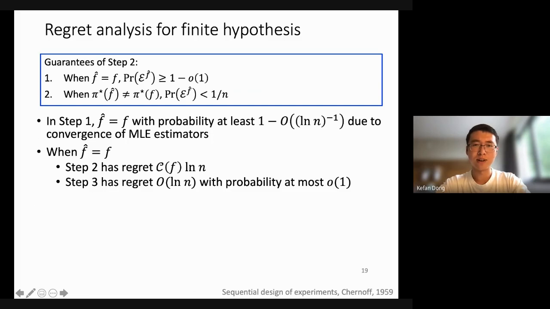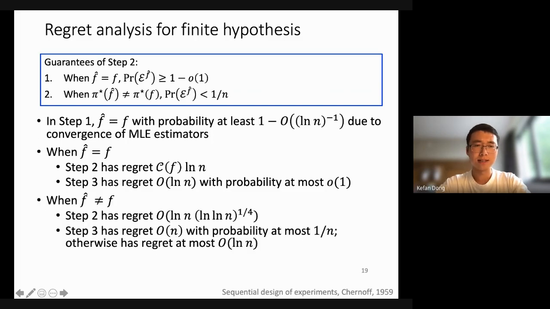Otherwise, we run UCB forever, so we have log n regret. But the probability of f hat being rejected by the hypothesis testing goes to 0. So in this case, the expected regret is a low order term, so we can safely throw that away.